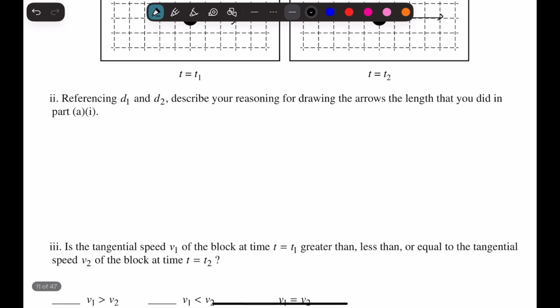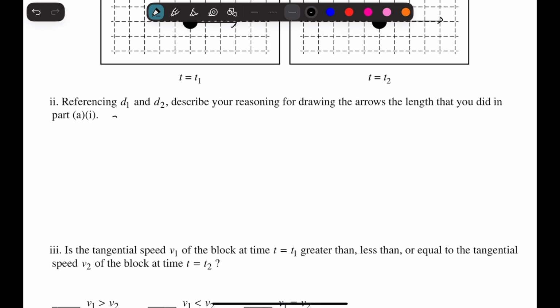Referencing D1 and D2, describe your reasoning for drawing the arrows a length that you did in part A. So we know that the spring is stretched farther at time T2 than time T1.